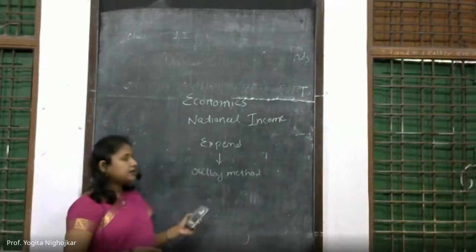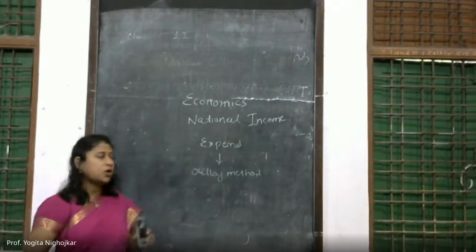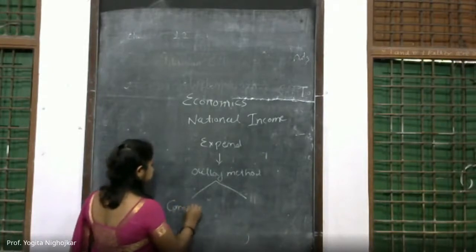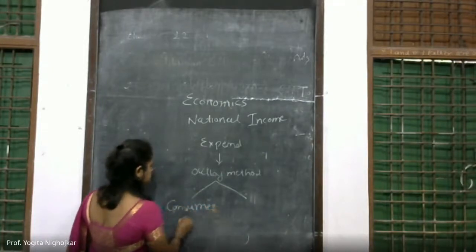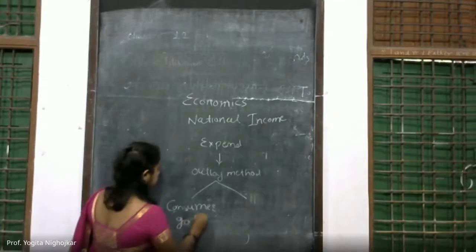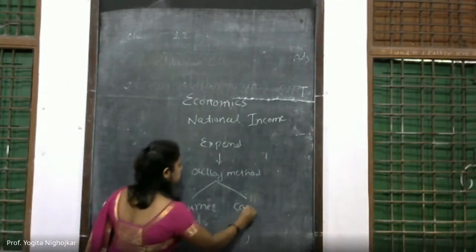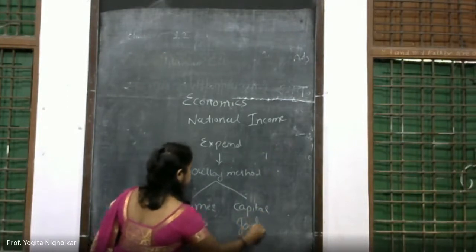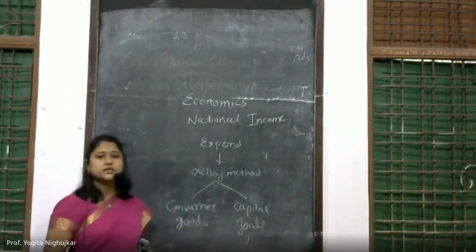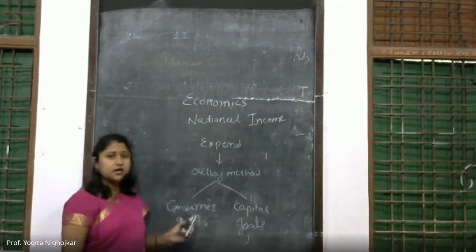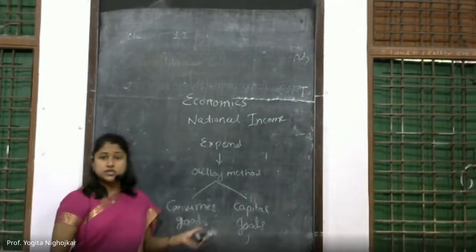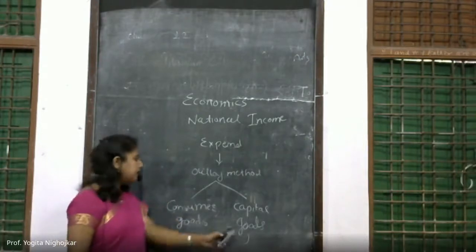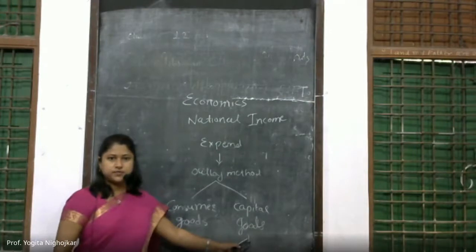Income can be spent either on consumer goods or capital goods, that is, consumer goods and capital goods. Thus, we can get the national income by summing up all consumption expenditure and investment expenditure.